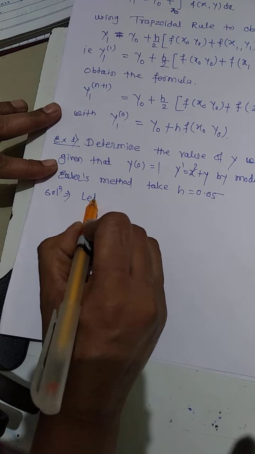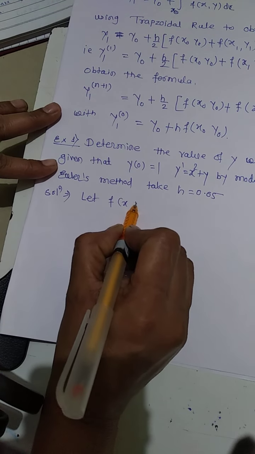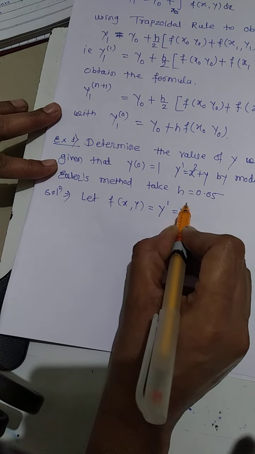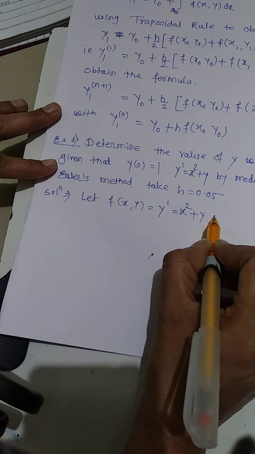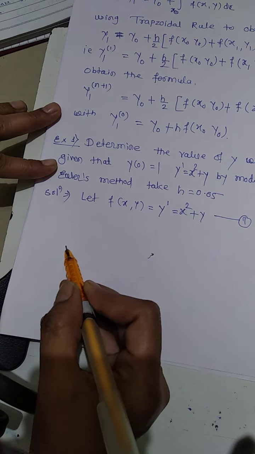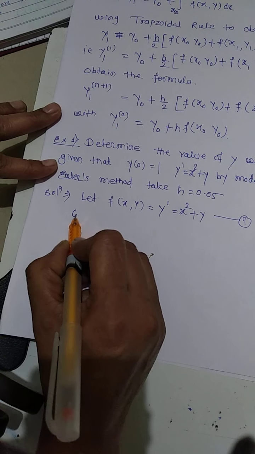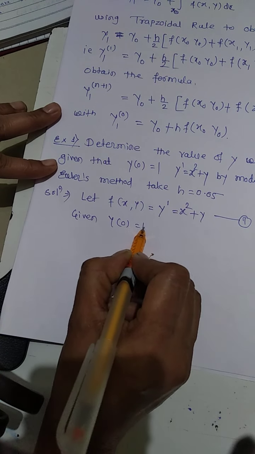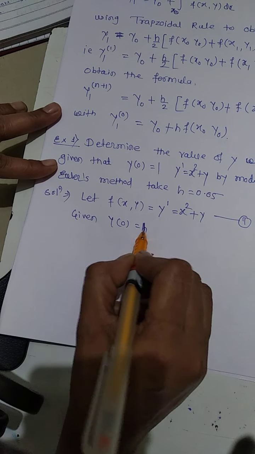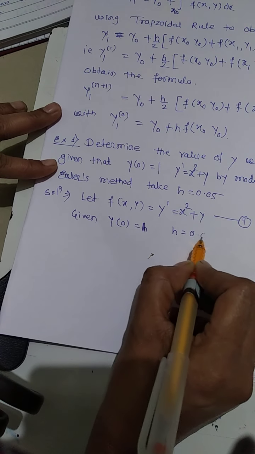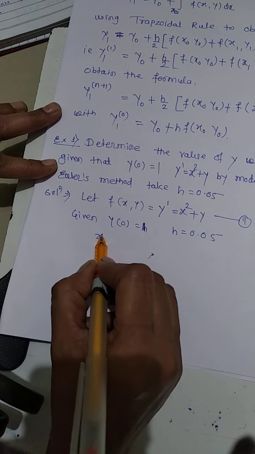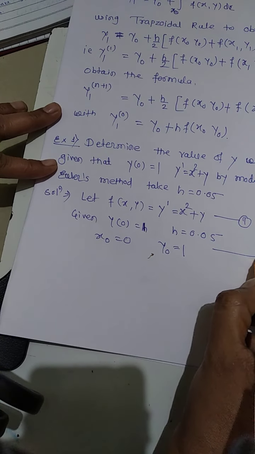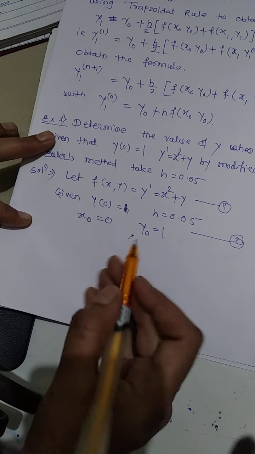Let f of x, y is equal to y dash is equal to x square plus y, that is equation 1. Then given that y of 0 is equal to 1 and h is equal to 0.05, x0 is equal to 0 and y0 is equal to 1, that is equation number 2.